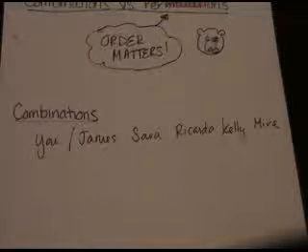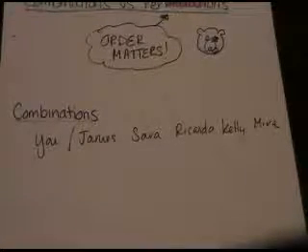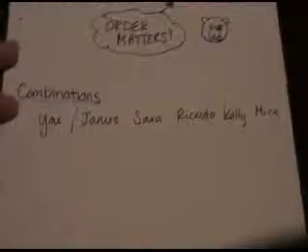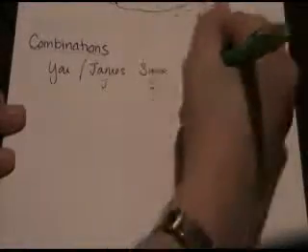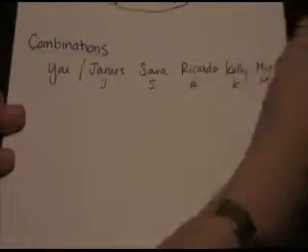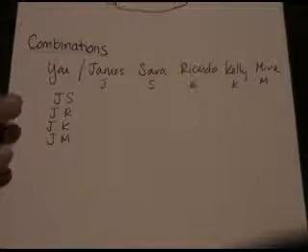Now, we could make a list. We can absolutely make an organized list of this data. So let's see. Let's shorten their names. That'll make it easier on us. Abbreviate. We could have James and Sarah, or James and Ricardo, James and Kelly, or James and Mira. Now, we already used James and Sarah.